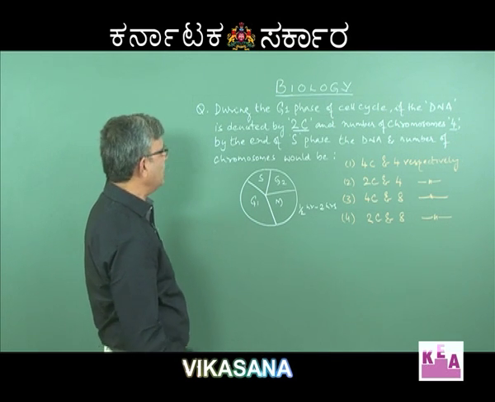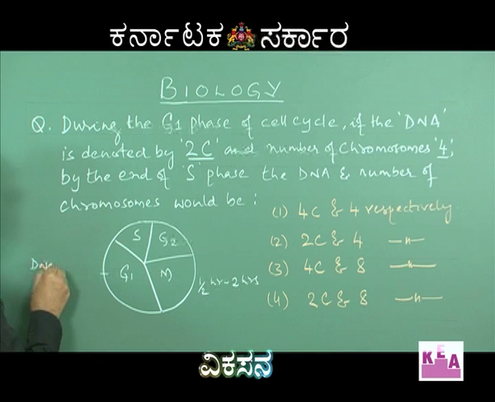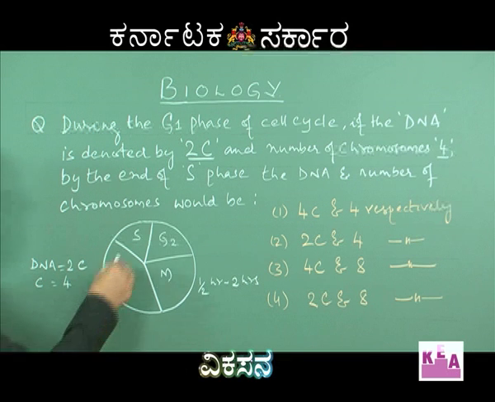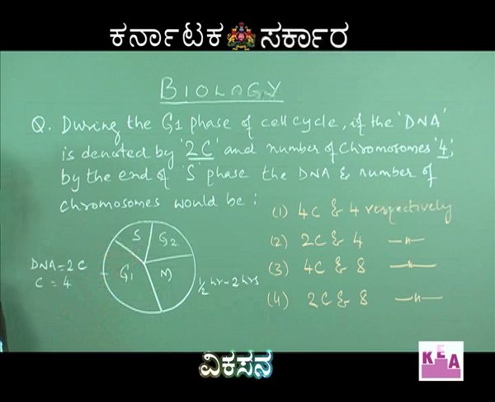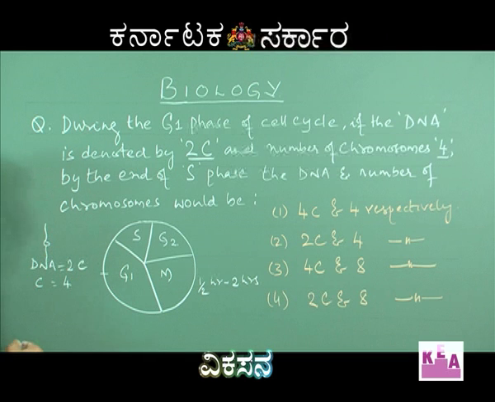And the question here is, at G1 phase, the DNA is 2C and chromosome number is 4. And remember, S is a synthesis phase during which DNA replication occurs. Suppose the chromosome is this and it has the DNA, and during S phase what happens?